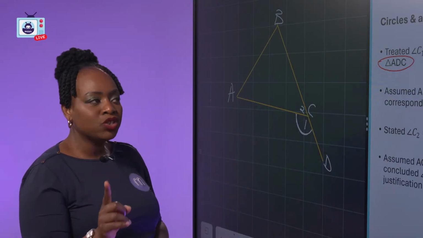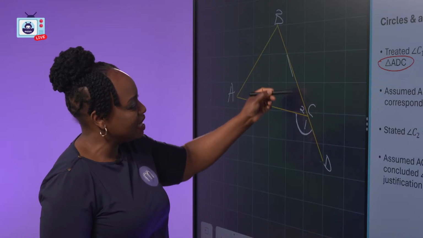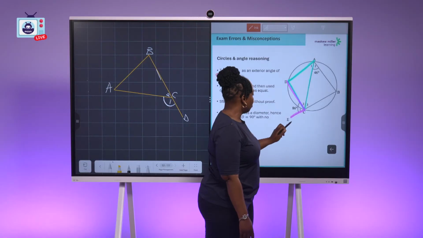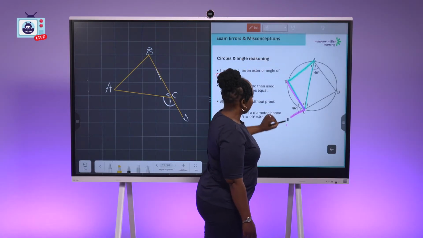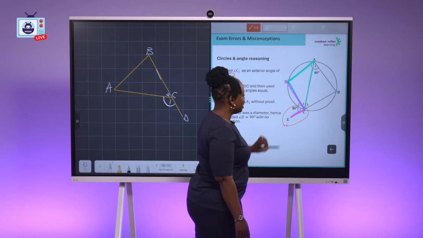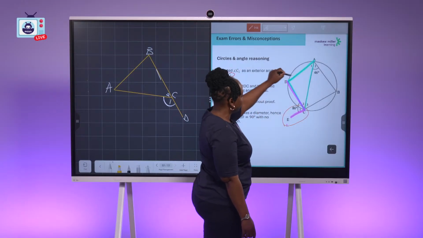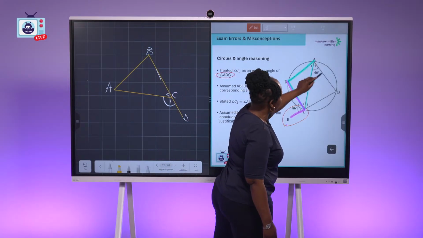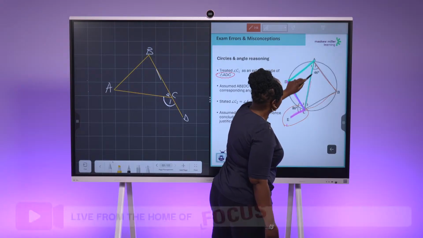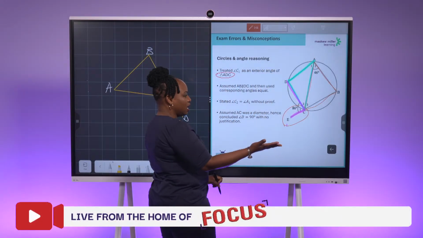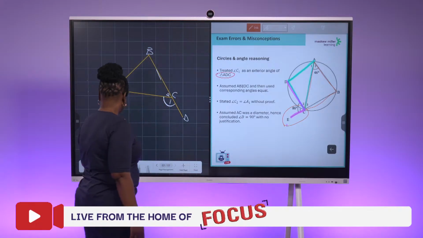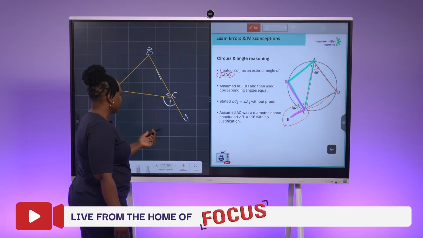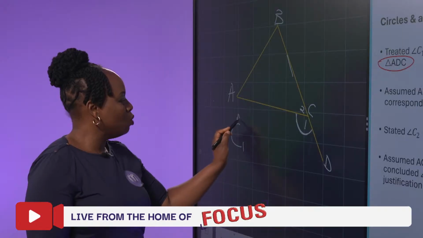It becomes an exterior angle of a triangle because this line BC has been extended. It's a straight line. But if you go back and check your line EC, it's not the straight line that goes with the triangle that we are talking about. It is an extended line for the other triangle, which is ABC. That's one. Another thing is that every time you talk about the exterior angle of a triangle, which in this case is C1, right?